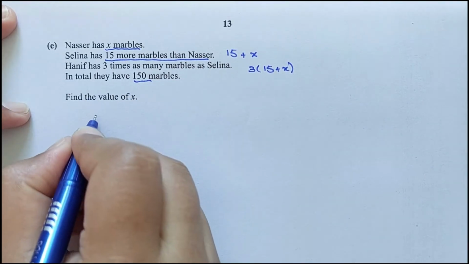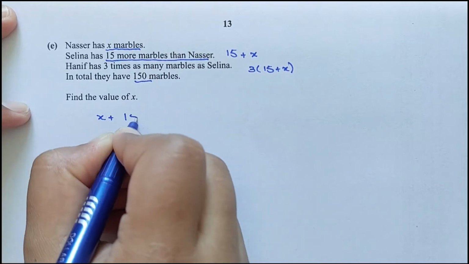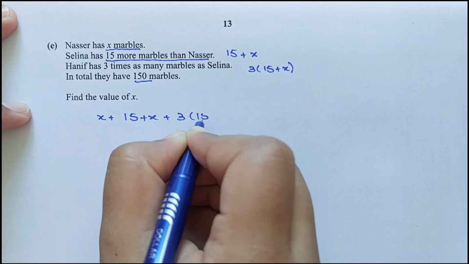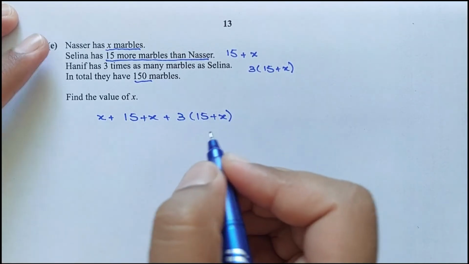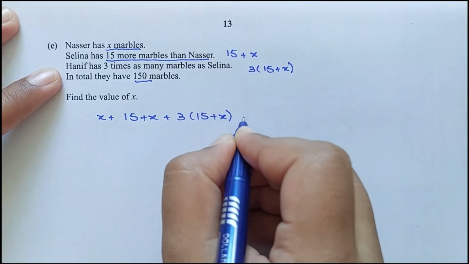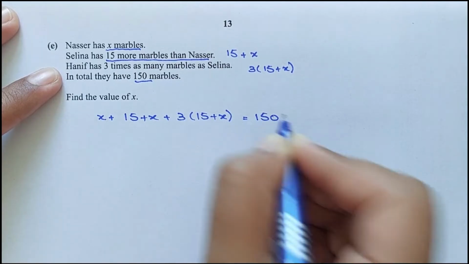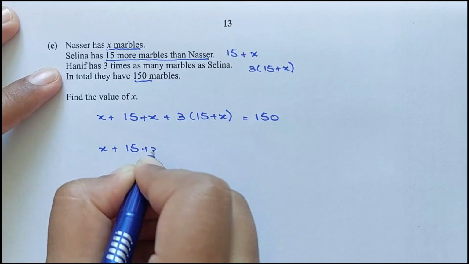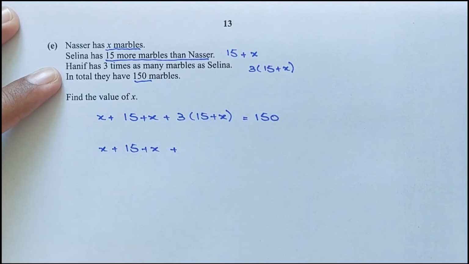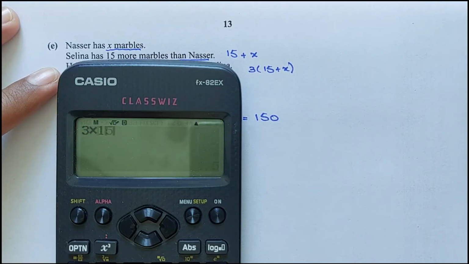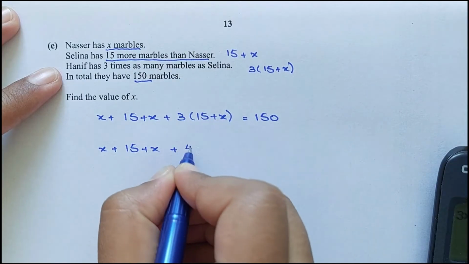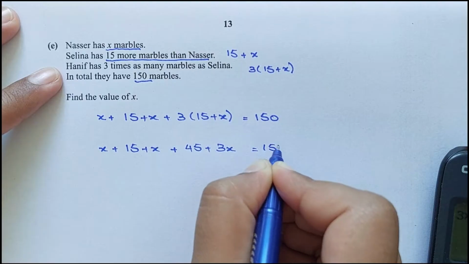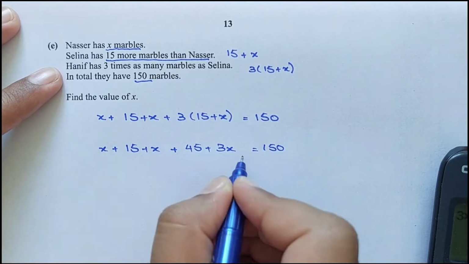So in total, x, 15 plus x, and 3 times (15 plus x). The total of all three, Nasir, Selena, and Hanif marbles, equals 150. Just solve for x. So we have x plus 15 plus x plus 3 times 15 is 45. Yes, 45 plus 3x. This equals 150. 3x, x, and x, 3, 4, 5.